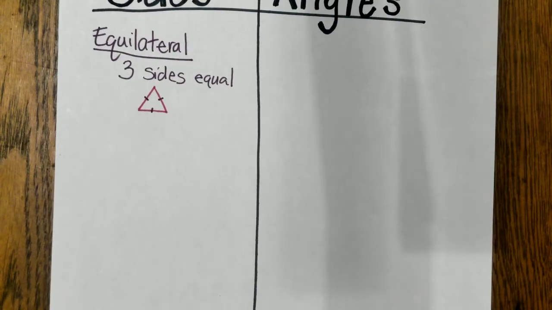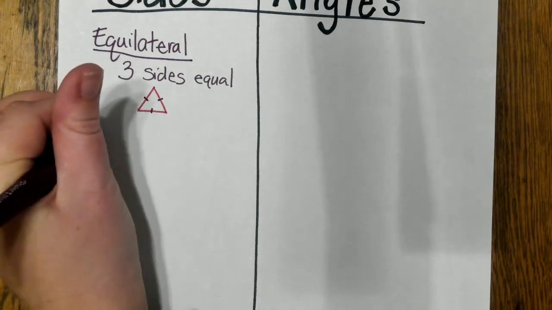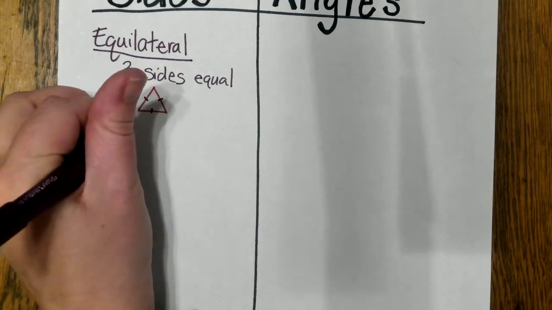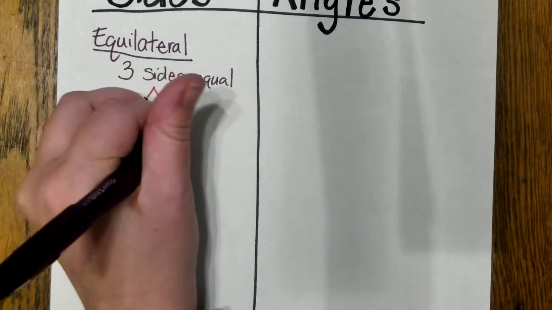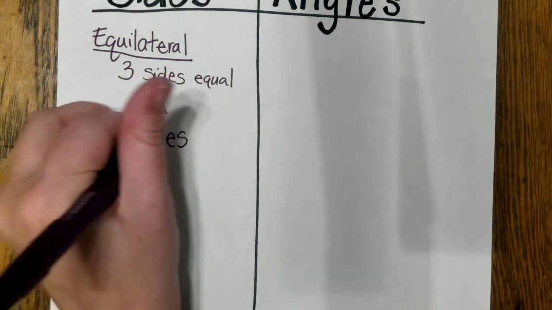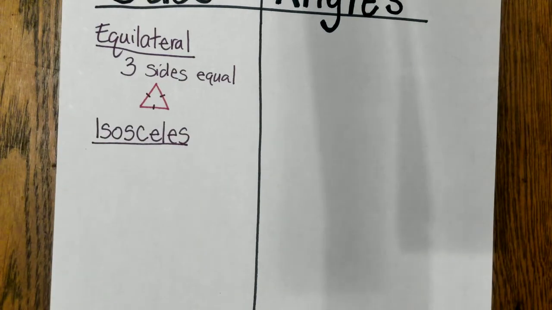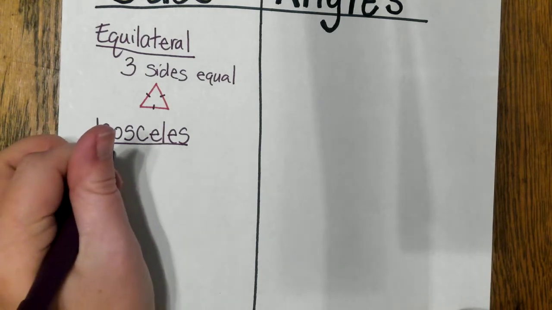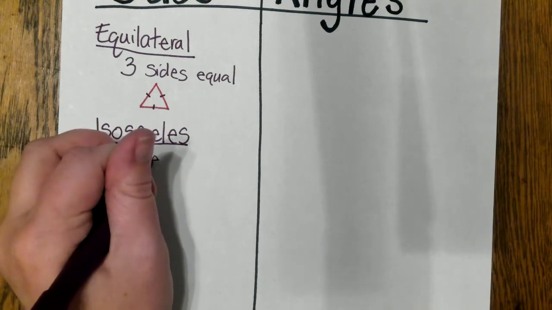Now, the next one we're going to talk about is a weird word. This one is isosceles. An isosceles triangle has 2 sides equal.